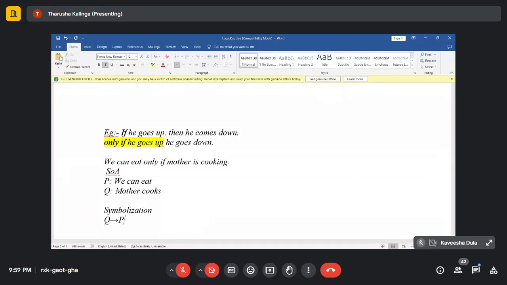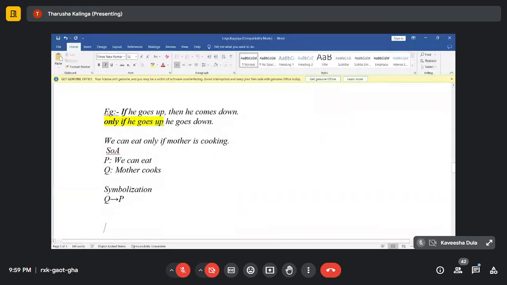So that is what we call the converse. Before going to the next part, I'd like to make you go through these things. Now this is a different part, so don't confuse it with the one that we did.